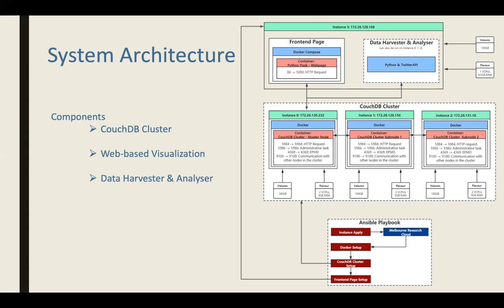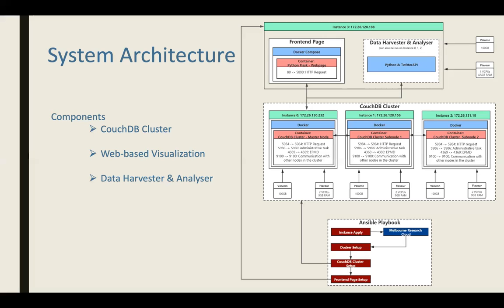Firstly, to get better load balancing, three instances, namely instance 0, instance 1, and instance 2, each with two virtual CPUs and 9 GB of memory, are allocated from MRC and set up as a cluster of CouchDB.